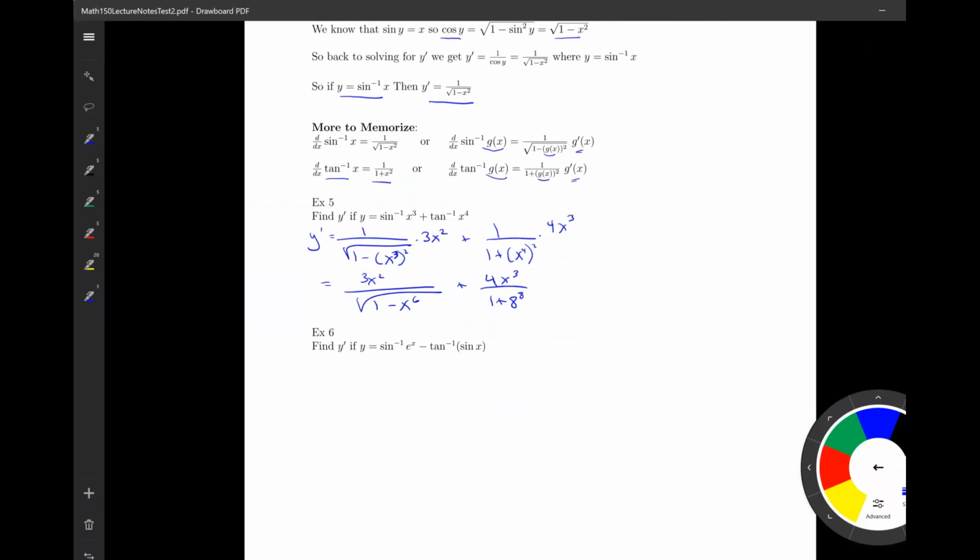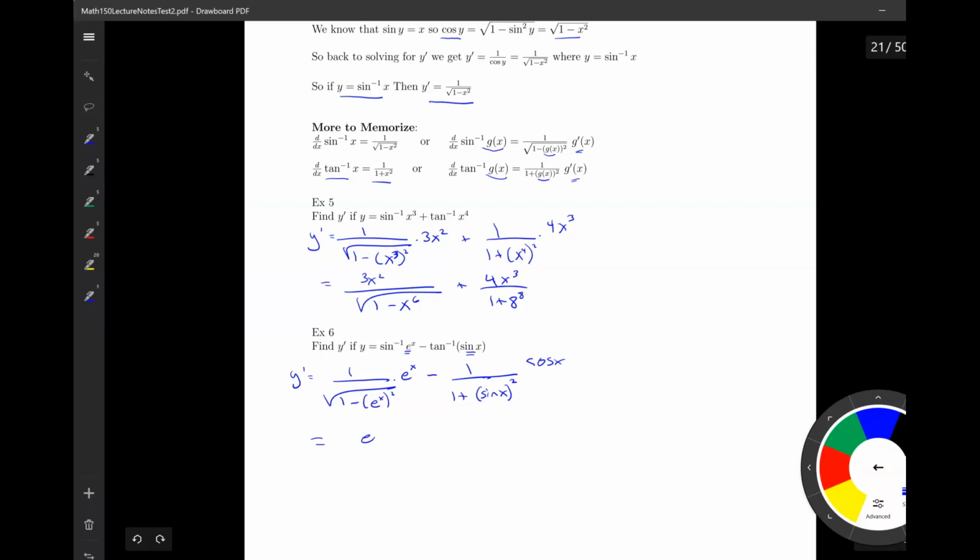All right, so let's take the derivative of this. The derivative of arcsine of e to the x will be 1 over the square root of 1 minus e to the x squared times the derivative of e to the x, which is e to the x, minus 1 over 1 plus the angle squared times the derivative of the angle, which would be cosine of x.